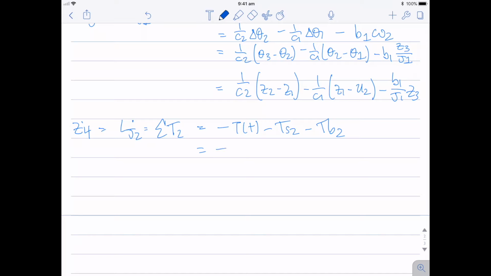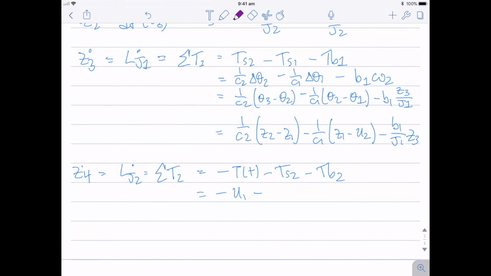Well, T of T was also an input. It was U1, so we can replace that one straight away. Minus TS2. Well, TS2 we've seen before, so there's no reason for us to have to rederive it. It was here, which was here, which was here, which was here. So that one is 1 on C2, Z2 minus Z1.